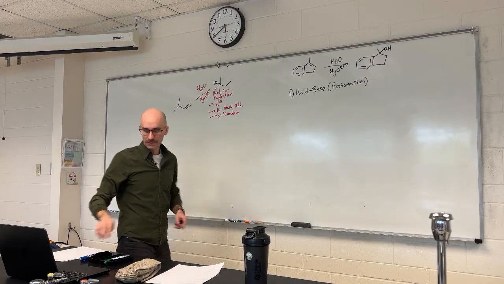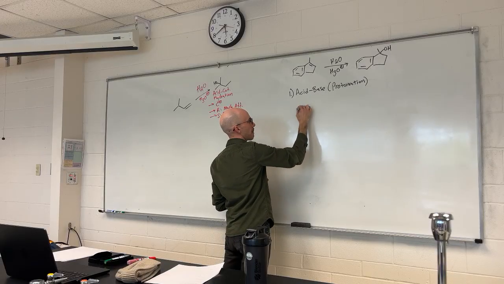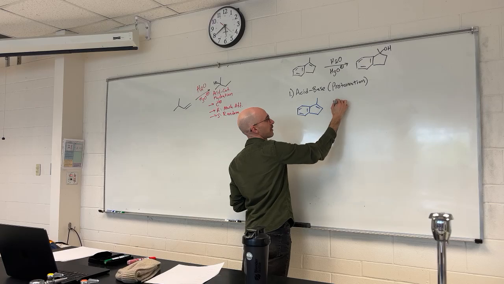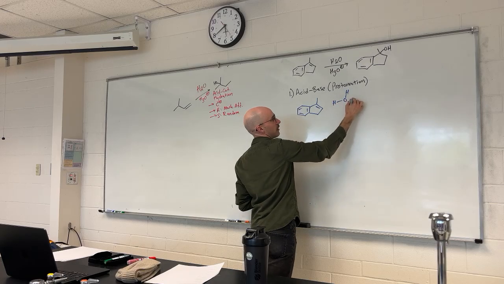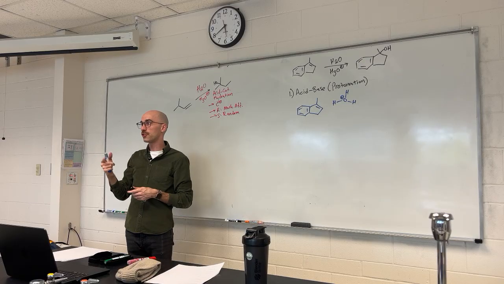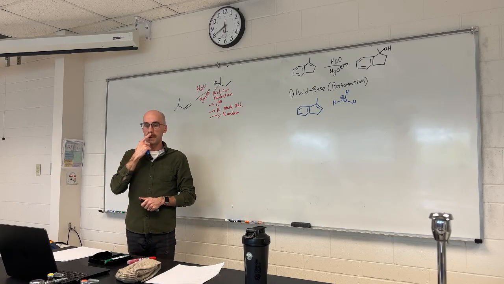What's my acid? H3O plus is my acid. So I'm going to draw out the bonds between H3O plus because I'm going to need to break one of them. Acid donates hydrogen.